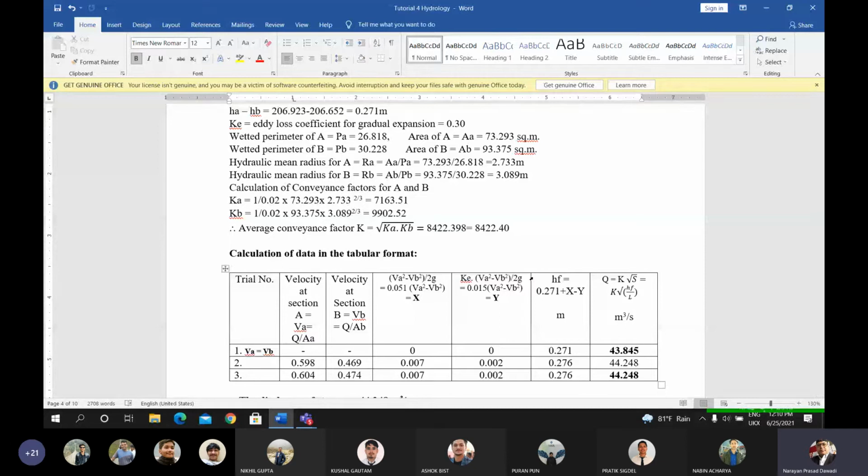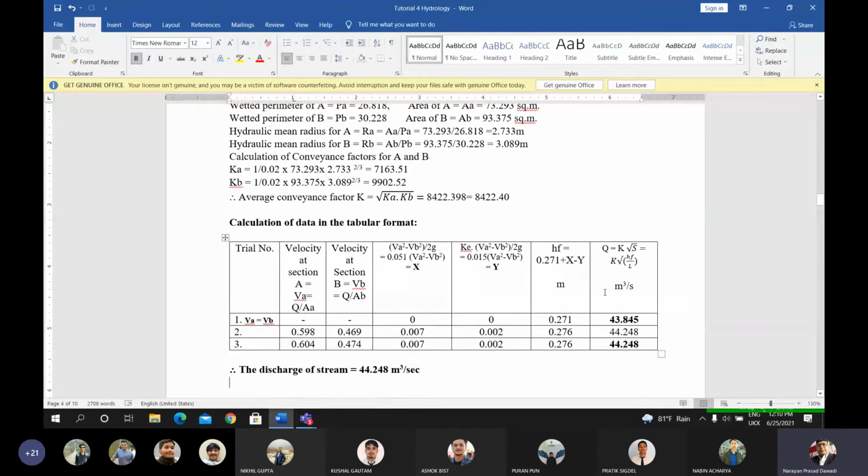After finding the value of K, the discharge can be calculated as K into the square root of HF by L. The value of K is given as 84,224.0, and the value of L is 10,000.